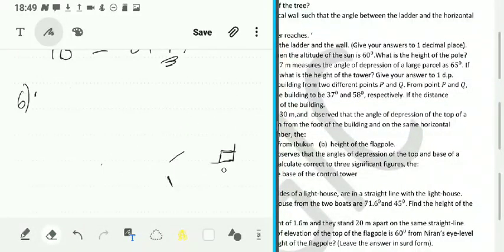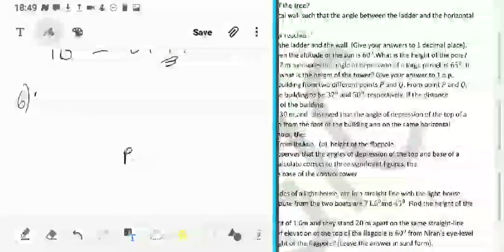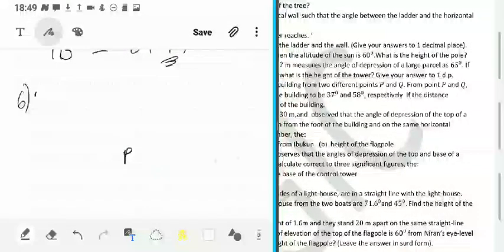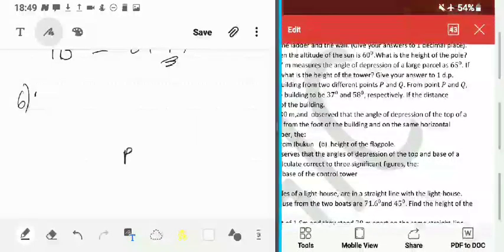Let me start this from scratch. Actually, this is a sketch, but let me explain it very well. I was just trying to rush. If this is Bellabo standing at this point P, he measures the angle of elevation of a building from two different points.